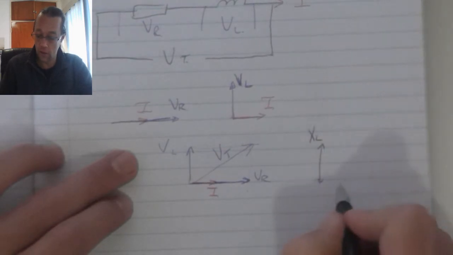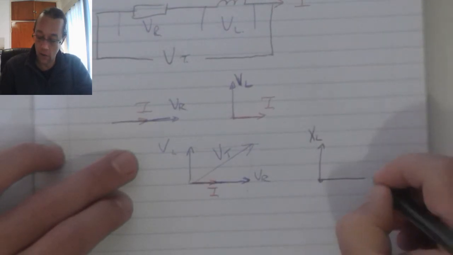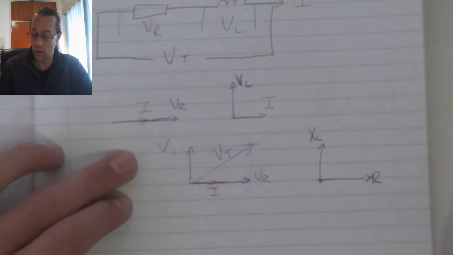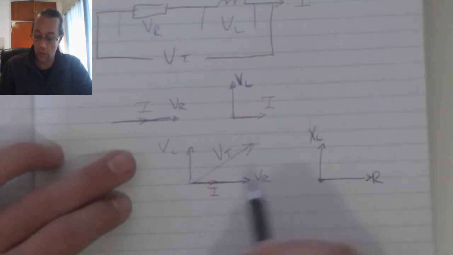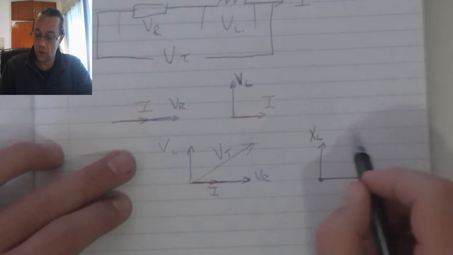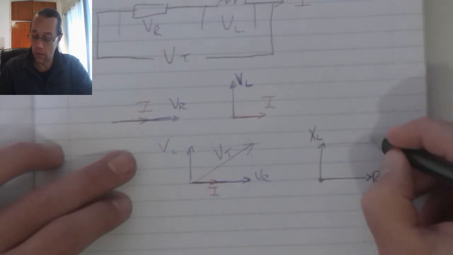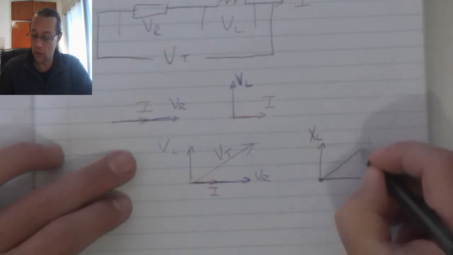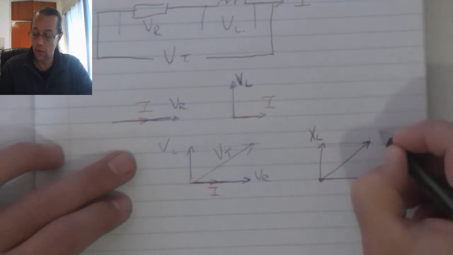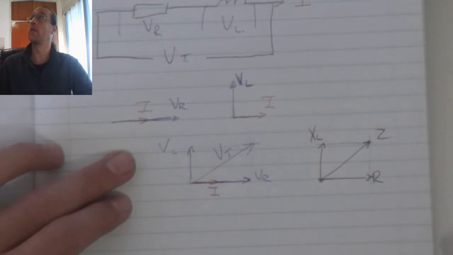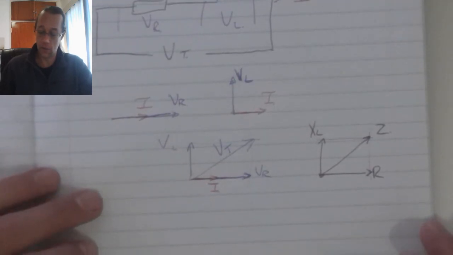XL will be indicated on the vertical, R will be indicated on the horizontal. Now, my total opposition to current is called the impedance. My total opposition to current we represent with the Z symbol.